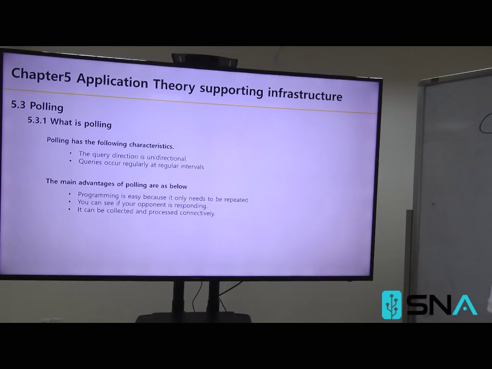So nowadays, many information gathering tools and applications use this polling architecture.